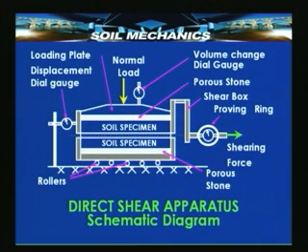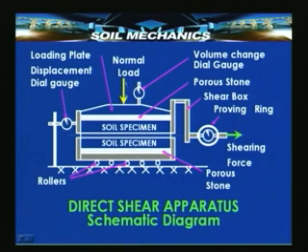If you remember, this was the basic schematic diagram of a typical direct shear apparatus. You can see that there are 2 parts in this, a lower part and an upper part, separated at the junction here, and the soil specimen is also a split specimen. This specimen is sheared by applying a tangential load, a shearing force, here.